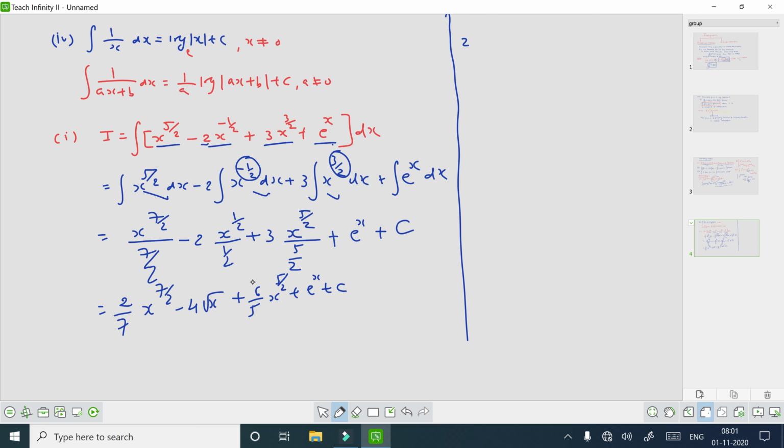Now let us see the second example, that is the integral of 7 raised to 3x minus 2 dx. It is the exponential form.